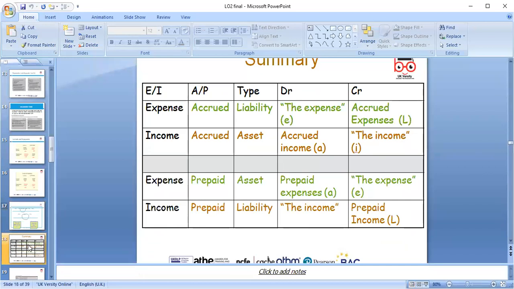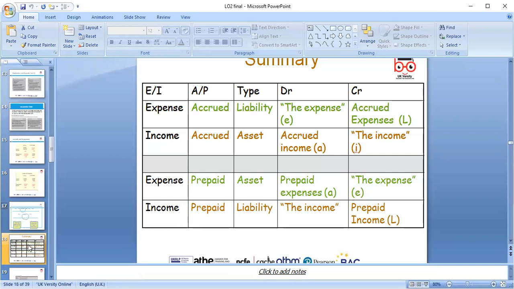Okay, so this is a summary of when the expense and when the income arise, how we can adjust, and which statement needs to be adjusted, as we mentioned previously. If the accrued expense is a liability, debit the expense and credit the accrued expense.